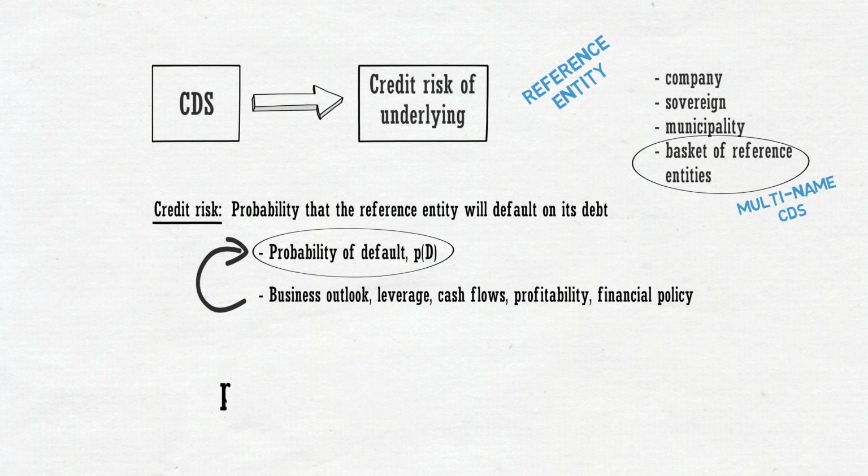Now, what is the relationship between default probability and CDS? If the chances of default increases, then the CDS gains in value, which is quite intuitive because CDS provides protection against default. Therefore, an increase in default probability means an increase in the CDS spread. And likewise, a decrease in the default probability means a decrease in CDS spread.